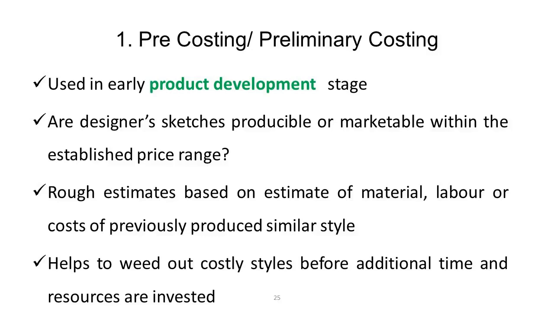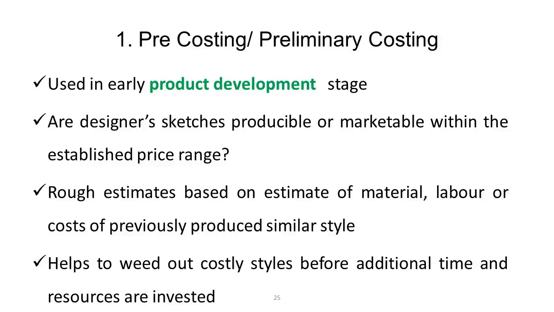As a manufacturer or exporter, you might tell the buyer that out of the 20 sketches, there are 5 sketches which are not producible, because they are not very practical, or they are going to be very expensive, and will go out of your price range. So the buyer may remove those styles from the consideration set.